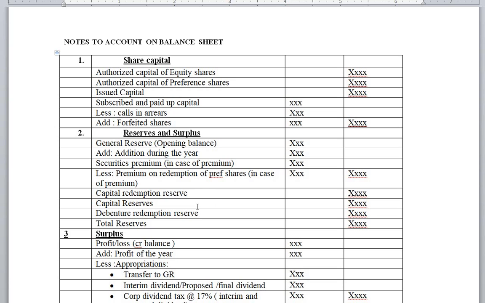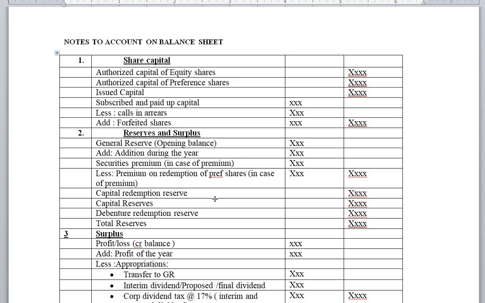To make it simpler, if there is an opening balance of general reserve, keep that opening balance in the inner column, and to that you can add any adjustments given in the question regarding GR or general reserve, and if the company has issued shares at a premium, that extra amount will be added here, and the redemptions, if any, given in the question will be subtracted from the amount.